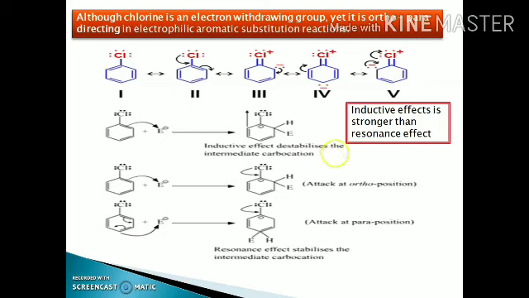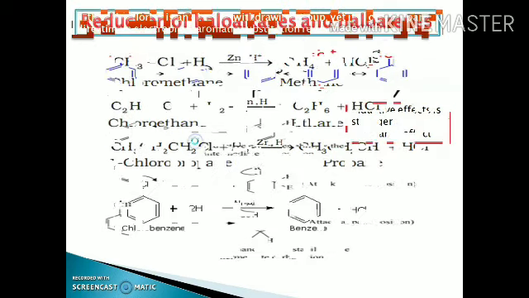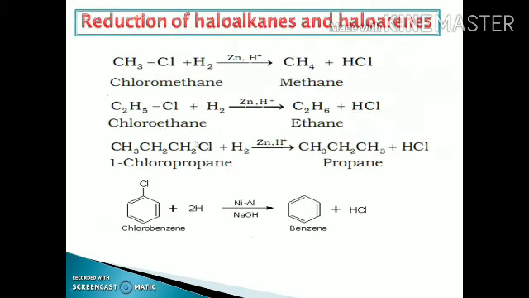Now come to the next chemical property, the reduction of haloalkanes and haloarenes. The reduction of haloalkanes and haloarenes gives hydrocarbons as a major product. For example, chloromethane on reduction in the presence of zinc metal gives methane as a major product.